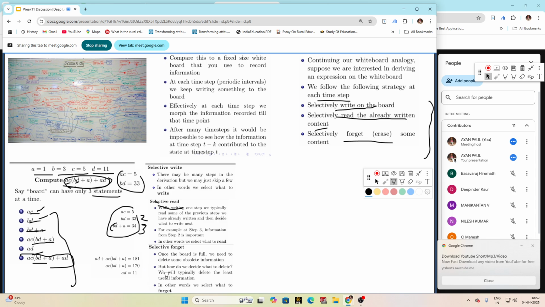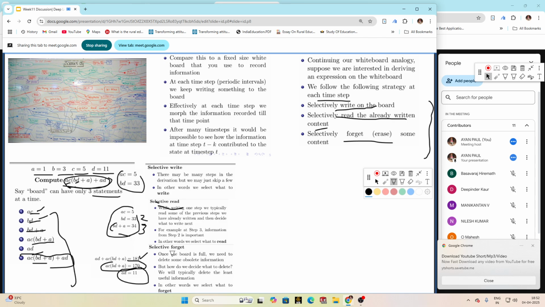We don't have AD, so first we write AD. Then we have AC and BD plus A. We can write AC and BD plus A together, concatenate the two, and write AD plus AC, BD plus A equals whatever comes, that is 181. So this is the third step.